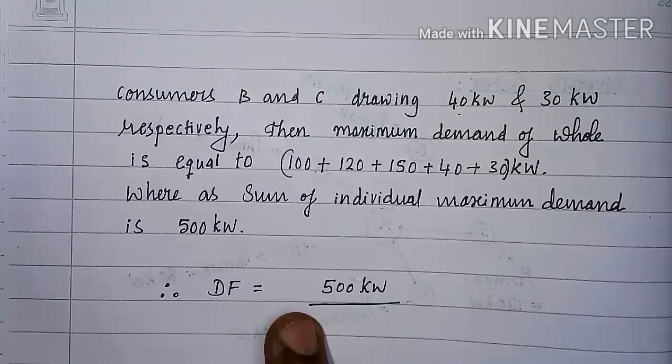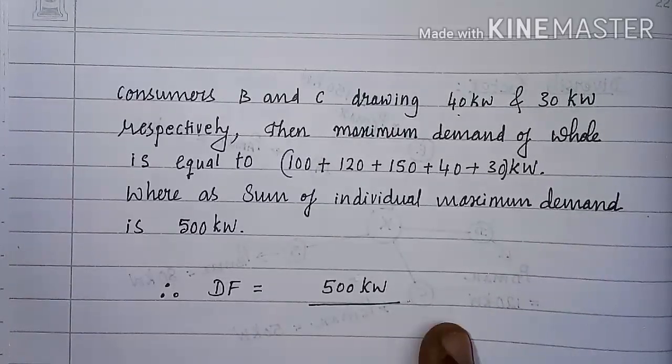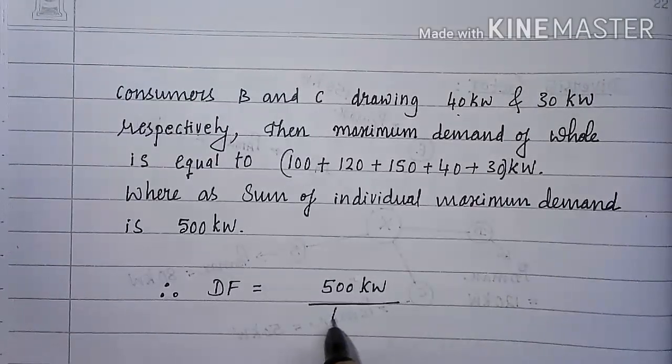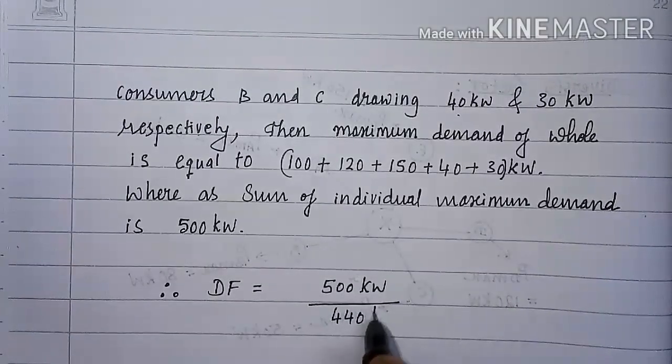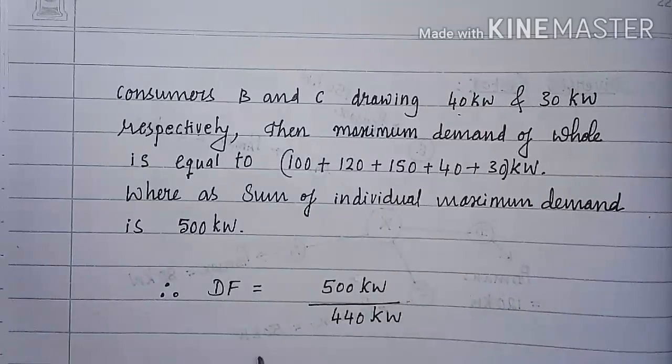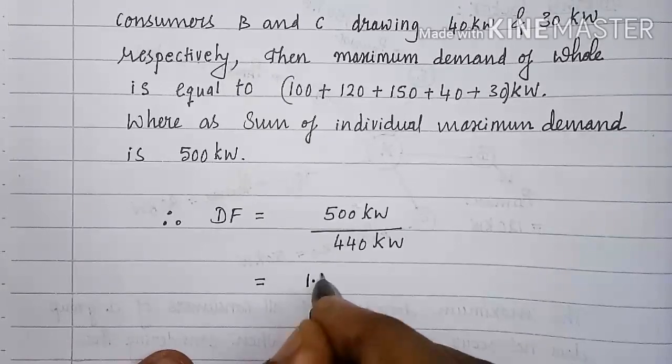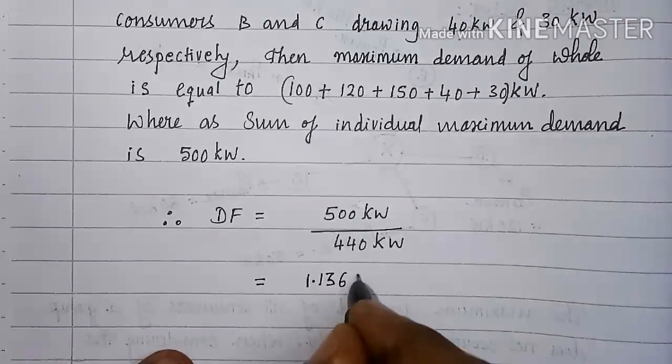Therefore, diversity factor becomes equal to 500 kilowatt divided by 440 kilowatt, that is equal to 1.136.